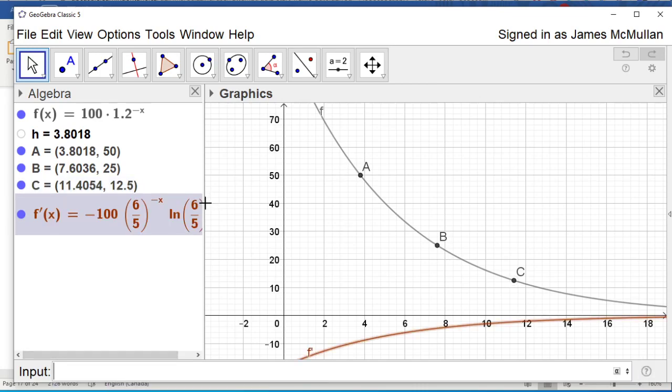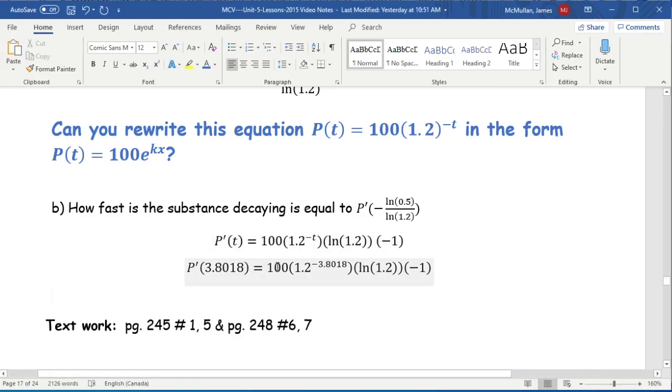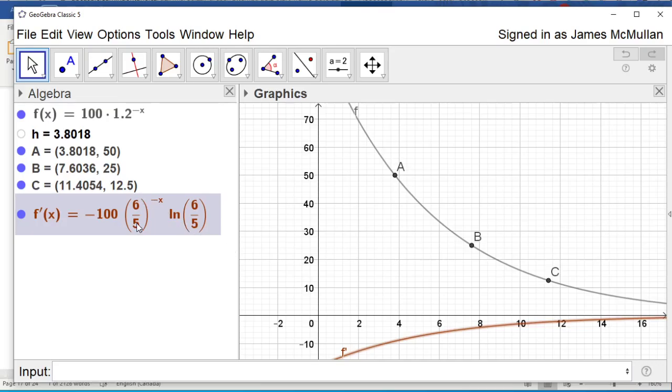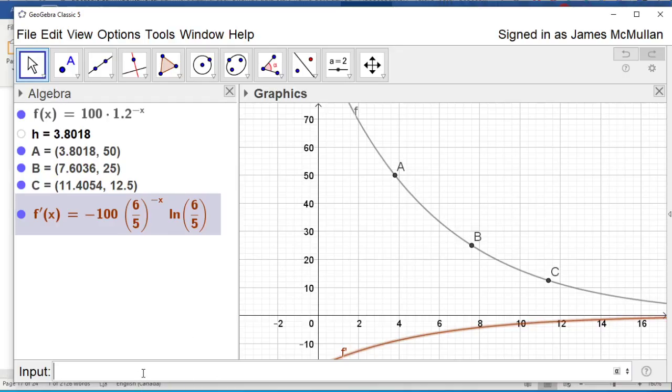You can see it changed 1.2 to 6 over 5, but it did give us the same answer. It's a negative 100, it has a ln 1.2, and then it has 6 over 5, or 1.2, to the power of x. Now if we do slope tangent AF, the answer we're expecting is negative 9.1616.